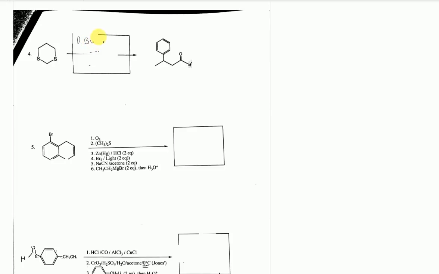First step is BuLi, butyl lithium, right? And you need to know what it does because you have to show the steps. So this is going to deprotonate this, take off one of the hydrogens and give us a negative charge.